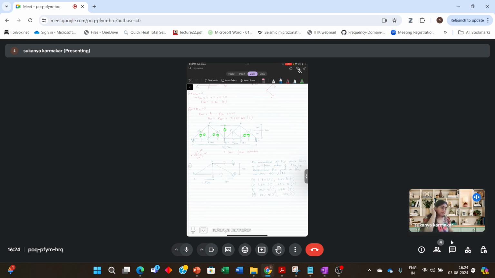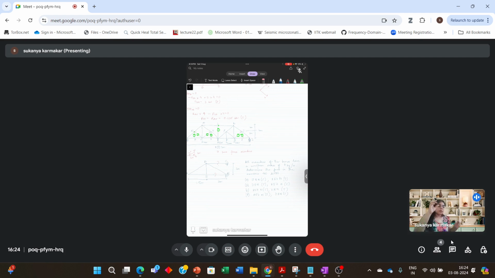So when self-weight has to be considered, what was discussed in the class is that you lump the weight. Suppose the load is 8 per meter, and suppose the length of the member is L. So what is the total mass? 8 per meter into L meter, it is 8L.